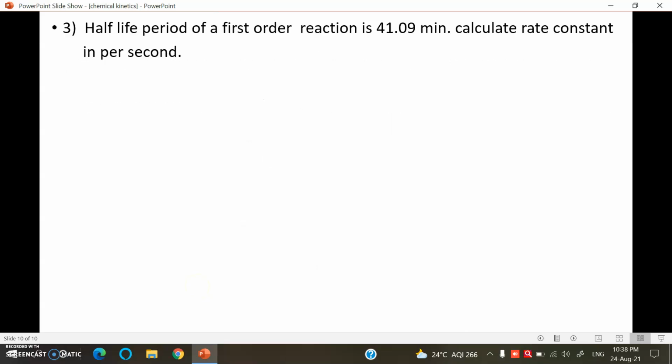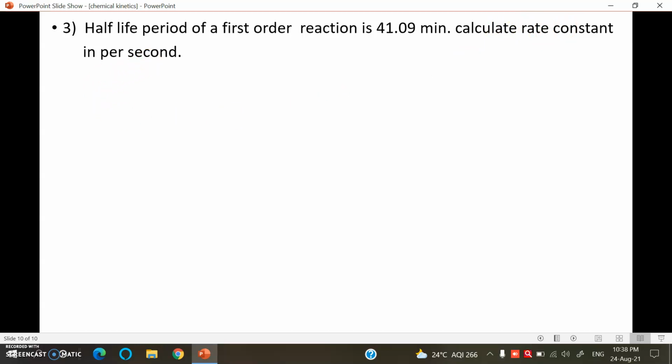Let's study the third example. Half-life period of a first order reaction is 41.09 minute. Calculate rate constant in per second.